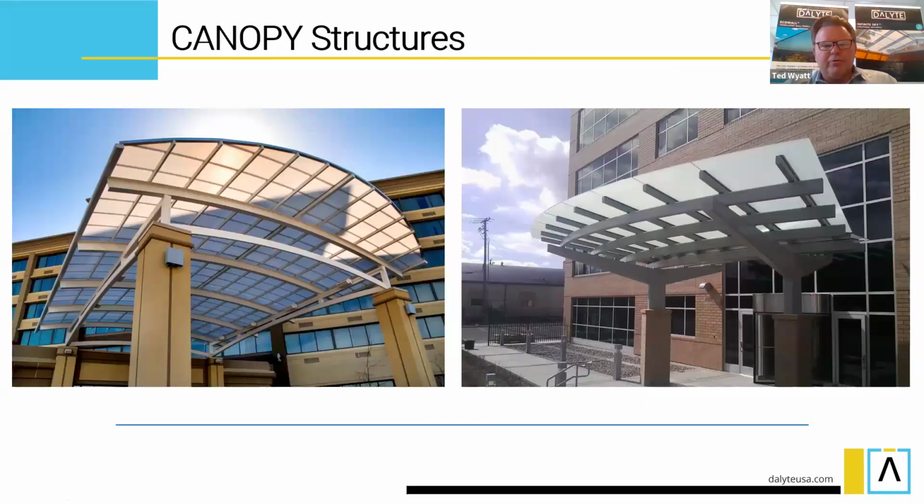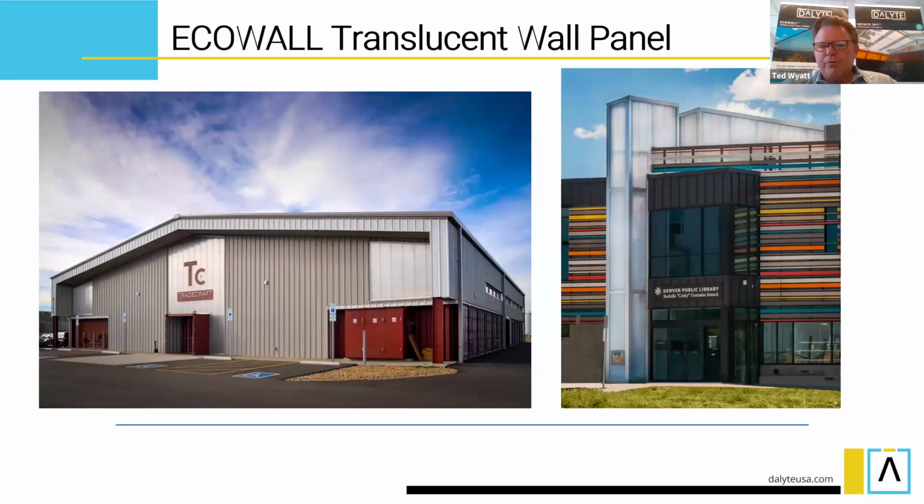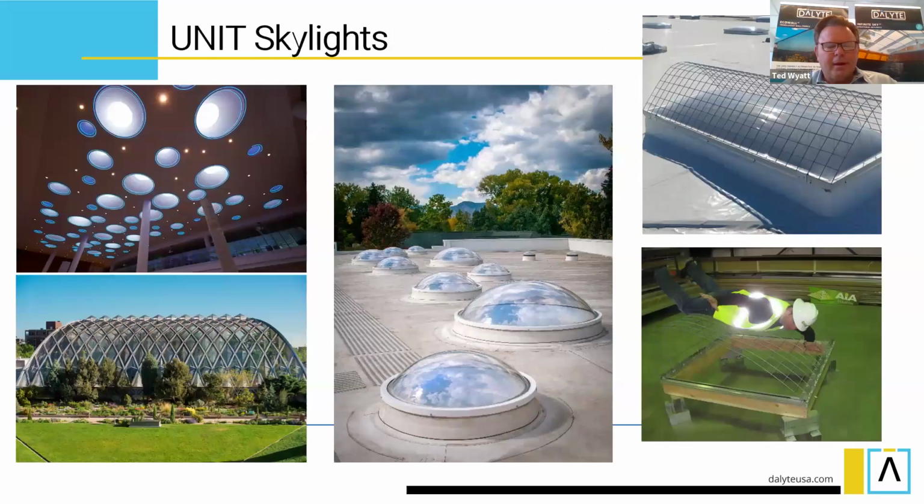Our canopy structures are typically supported by others, steel, concrete, wood glulams, that kind of scenario. We have translucent wall panels, vertical only. And again, the unit skylights, your typical dome units, circular or rectangular, with or without fall screens.